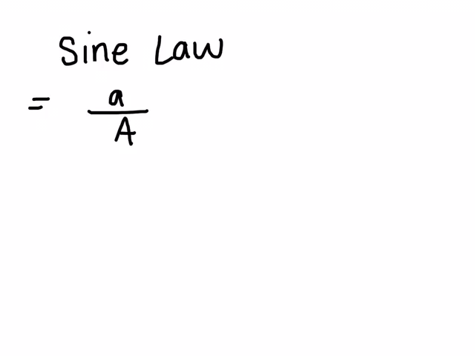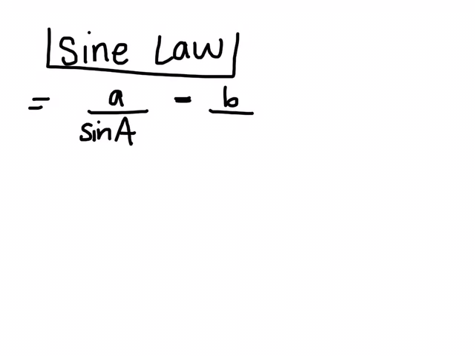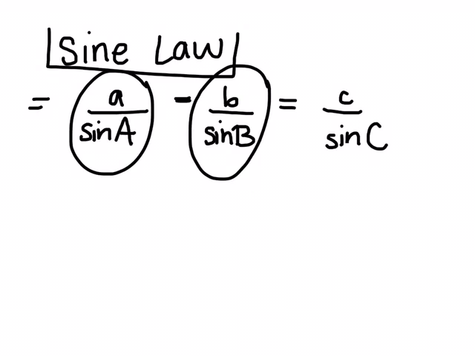A. So side length A over sine A, because it's the sine law, is equal to B over sine B and C over sine C. All three ratios, this is a ratio, opposite side length over sine A, all three are equal in sine law.